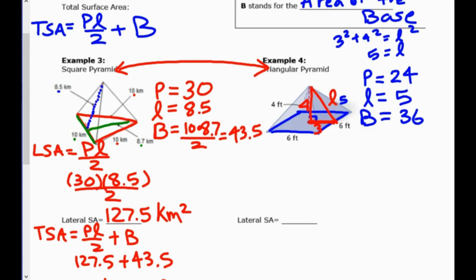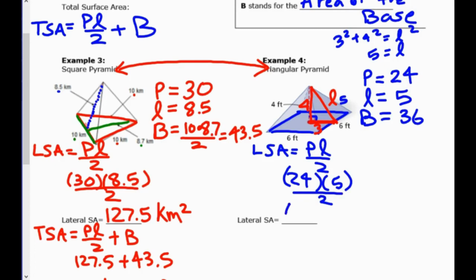All right. Next one. I want to do the formula. LSA equals PL over 2. So, perimeter 24 times 5, and then divided by 2. You should get 60 feet squared.